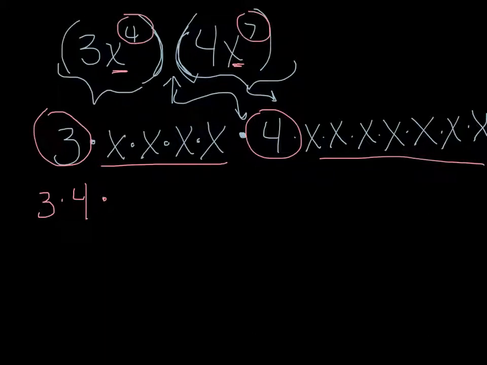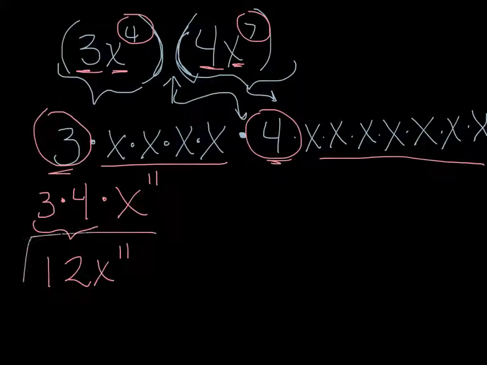So 4 plus 7 is 11. But now we have this 3 times 4. Well, we can multiply those guys together, right? 3 times 4. And so these guys become 12x to the 11th as our final answer. So hopefully that made sense.